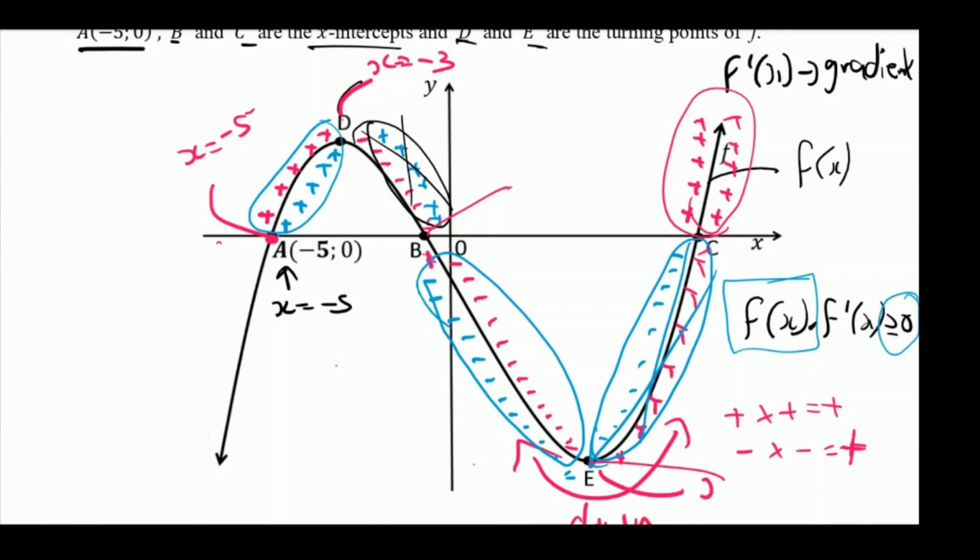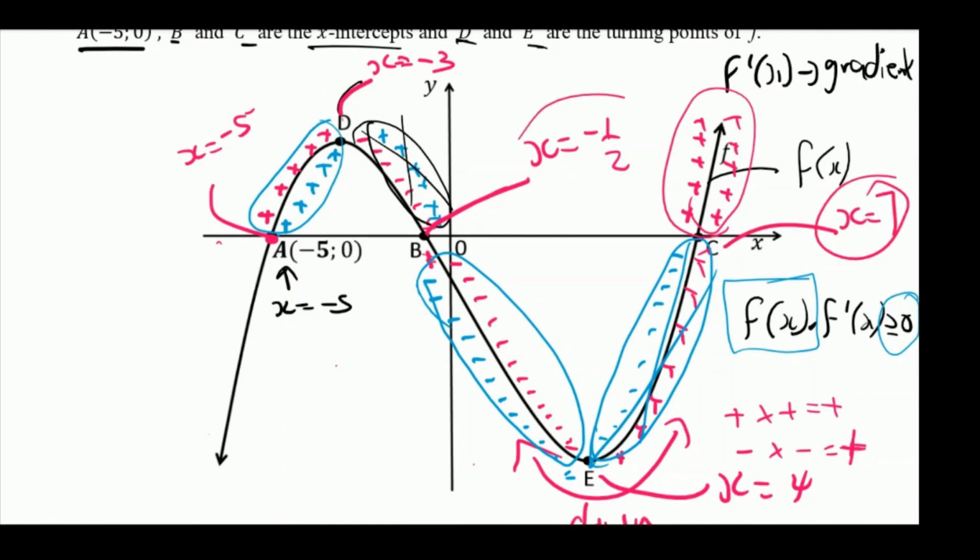At E, x is equal to 4, and at B, x is equal to minus 1 over 2. Then at C, x is equal to 7. So I'm sorry with a lot of working here. So I hope you follow.